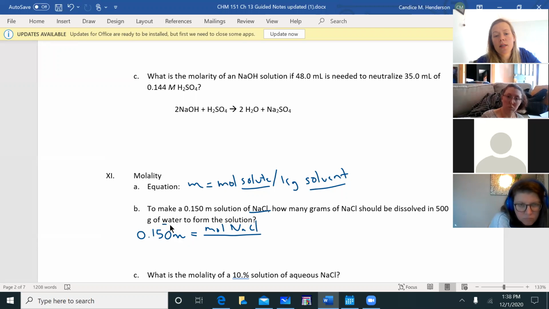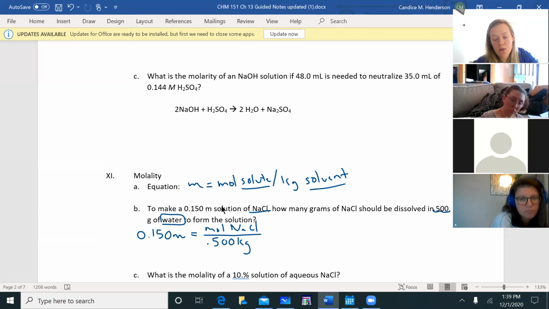In this case, water is acting as our solvent. I have 500 grams of this solvent, but we don't want to plug grams into this equation. You can't do it. So we just need to do a quick conversion or move the decimal over 3 spots, right? If this is grams, then 1, 2, 3 would be kilograms. So 0.500 kilograms.